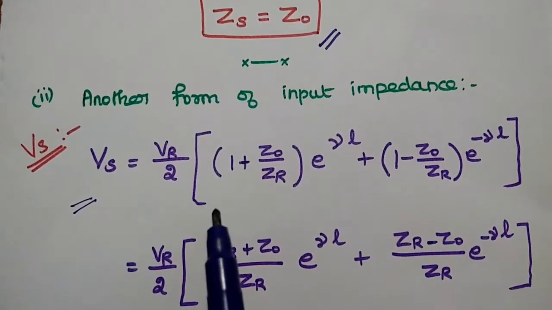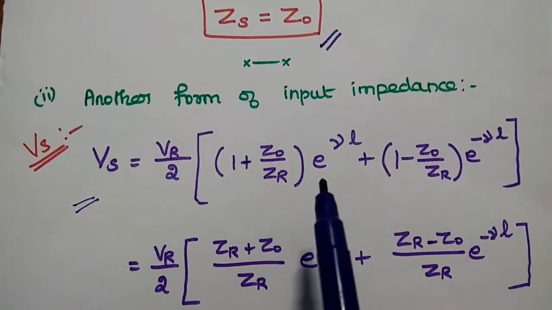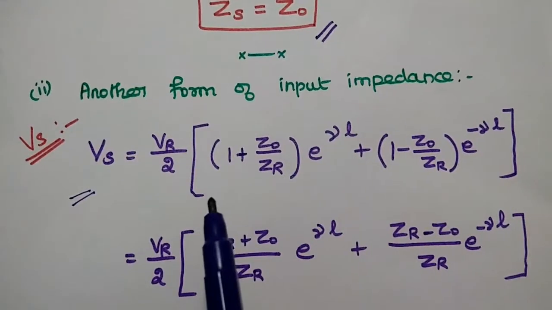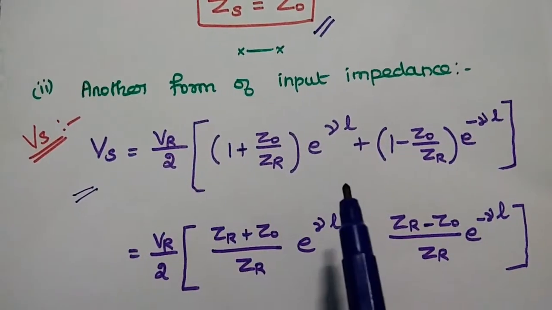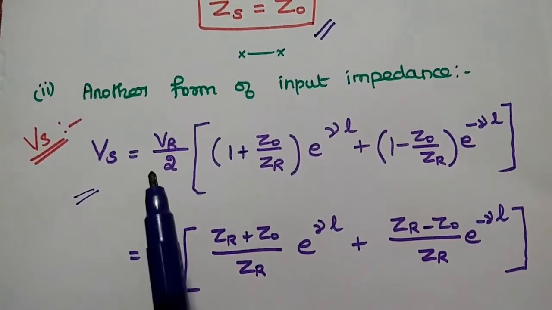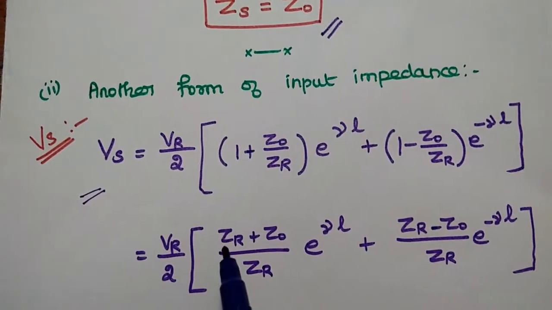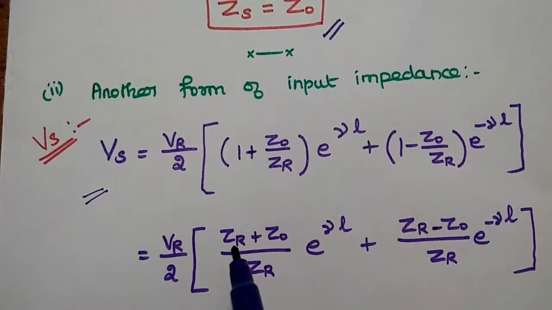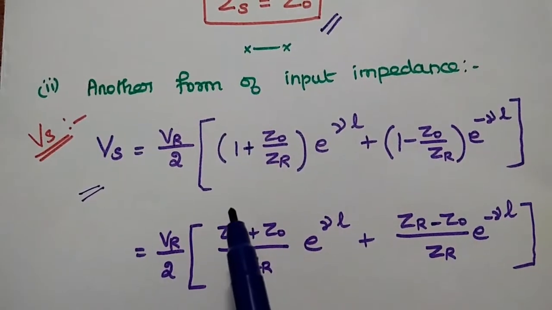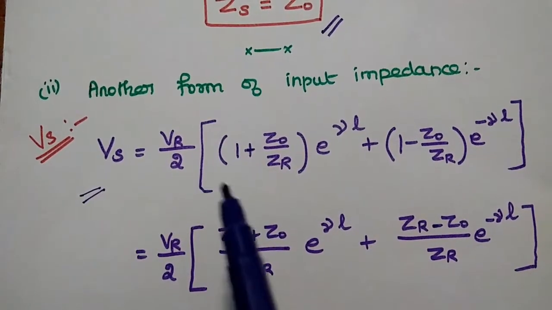The input impedance can also be derived in another form by using this expression. We have already derived this line equation in the previous lecture video on transmission line equations derivation, so we can take that form as such.